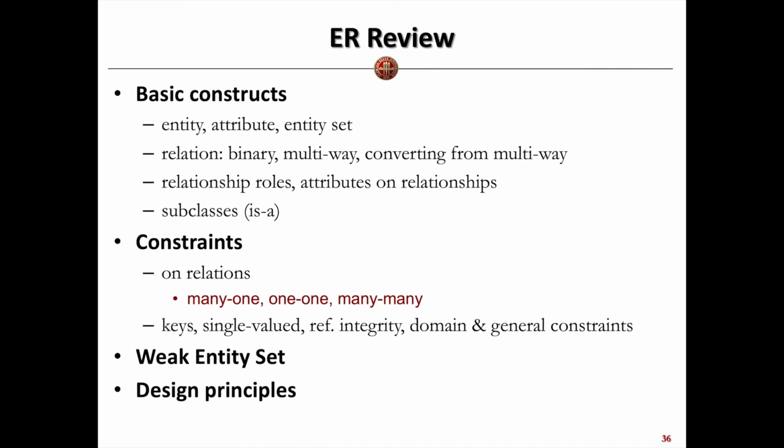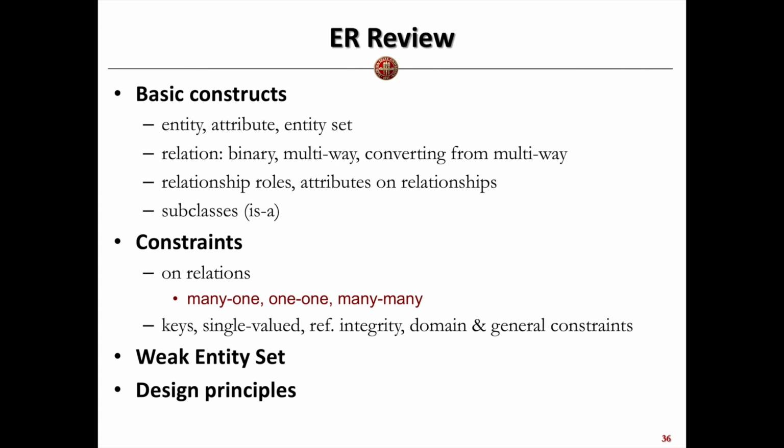So in this section, we also introduce some basic structures we can use to draw the ER model. We show how to draw an entity, attributes. We also show how to draw some relationships, which can be binary, multi-way. We can also convert a multi-way into binary as well. And we show some constraints on relationships, one-to-one, one-to-many, and many-to-many.